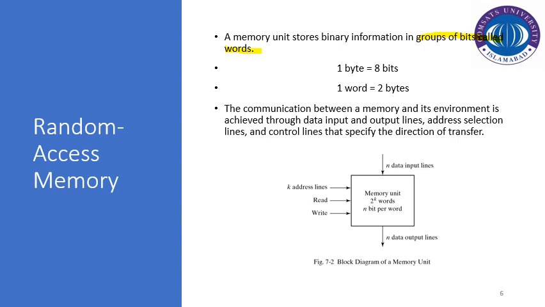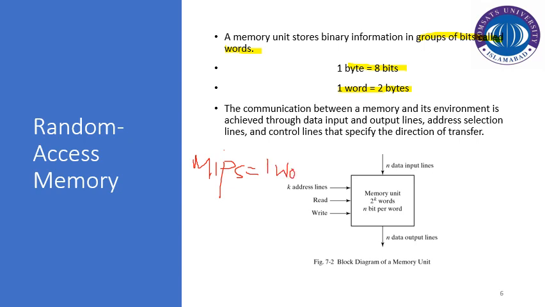For example, 1 byte is represented by 8 bits and 1 word is represented by 2 bytes. This is the definition by Intel. So as far as the Intel architectures are concerned, 1 word represents 2 bytes. Whereas for some other architectures, this definition of word is changed. For example, in the MIPS architecture, 1 word equals 4 bytes. So for the MIPS architecture, the word is defined as 32 bits.